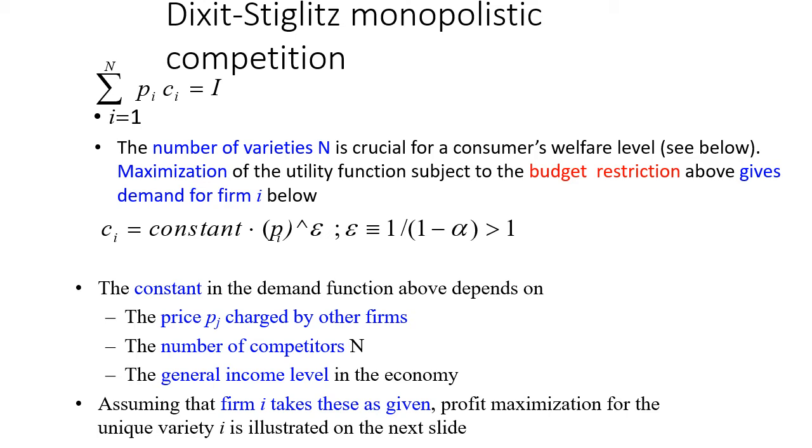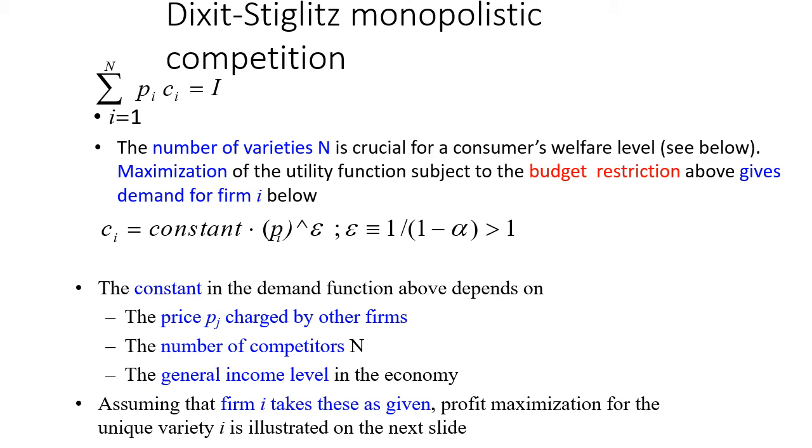You have the income function, or your budget constraint, which is given on the slide. You maximize those two. You don't need to know the mathematics, and you derive the demand for each firm. The demand for each firm is directly related to the price of that firm to some power of elasticity. And we list what the elasticity is towards the right.